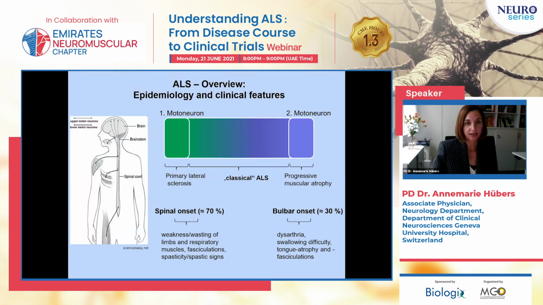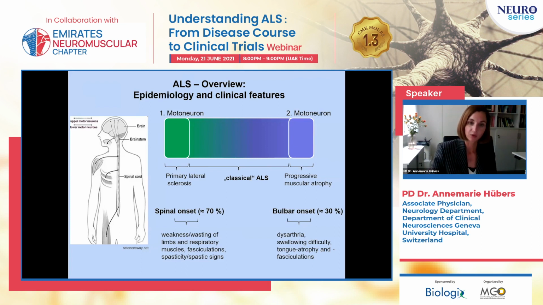So if you just look at the motor neuron, here is this scheme showing the first motor neuron on the one end of the spectrum, and the second motor neuron on the other end of the spectrum, with primary lateral sclerosis representing a classical disease involving mainly the upper, or almost exclusively for a very long period of time, the upper motor neuron, and as a typical representative of solely affection of the lower motor neuron, you may find so-called progressive muscular atrophy.